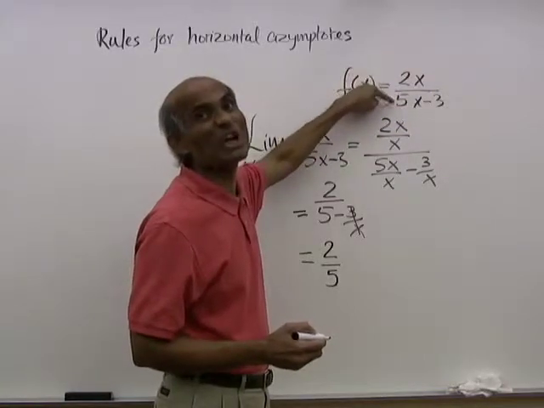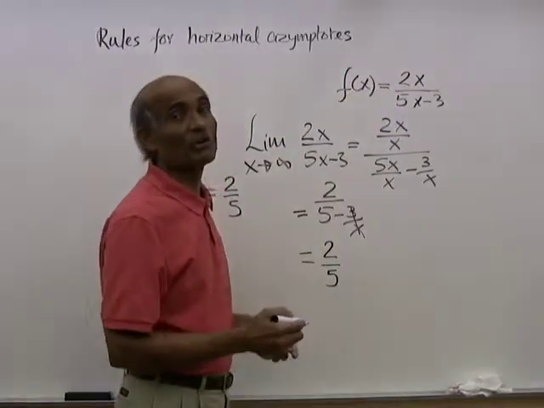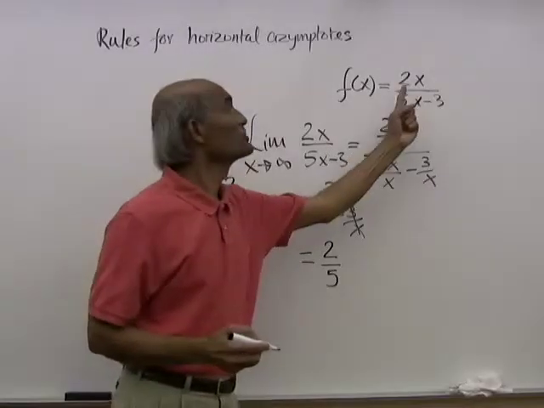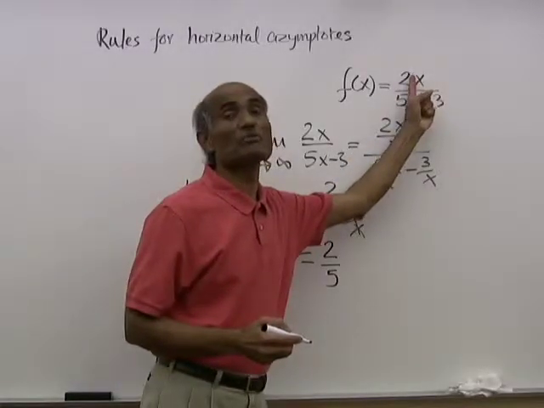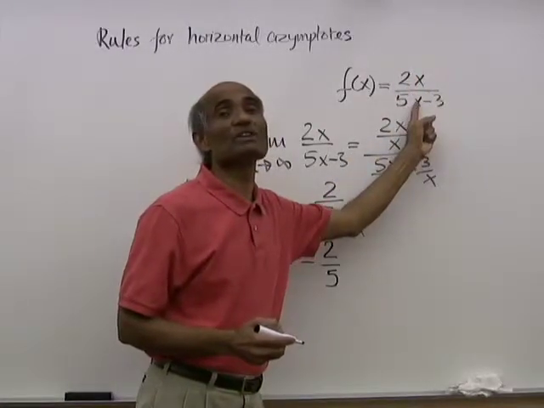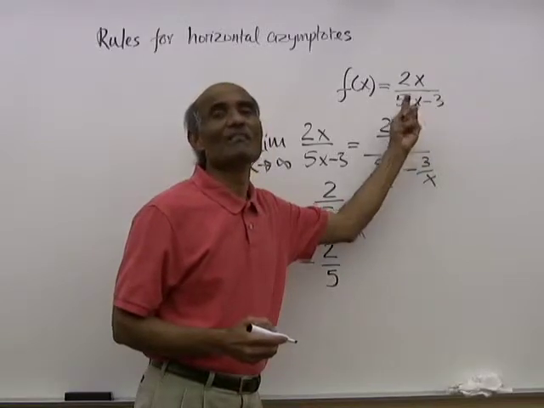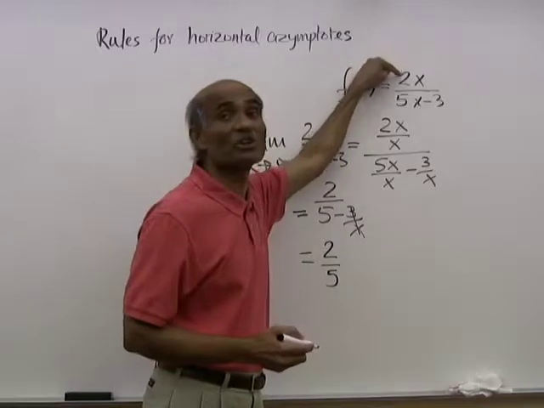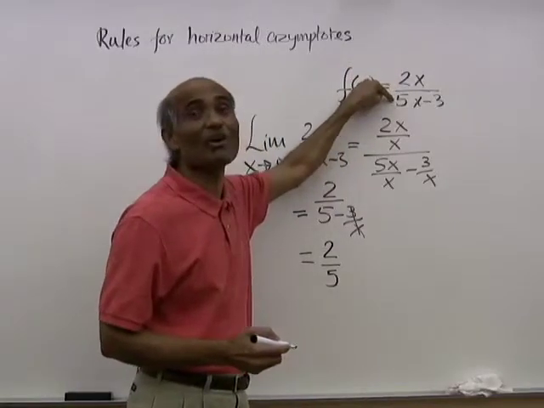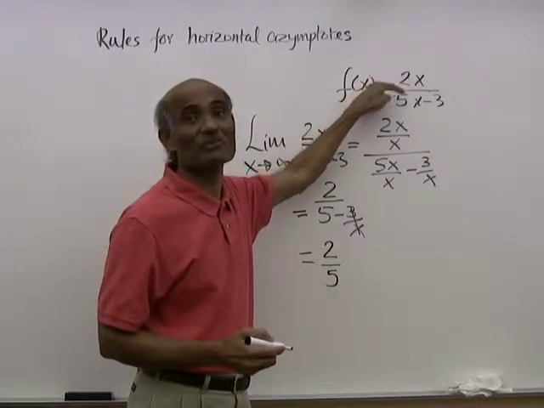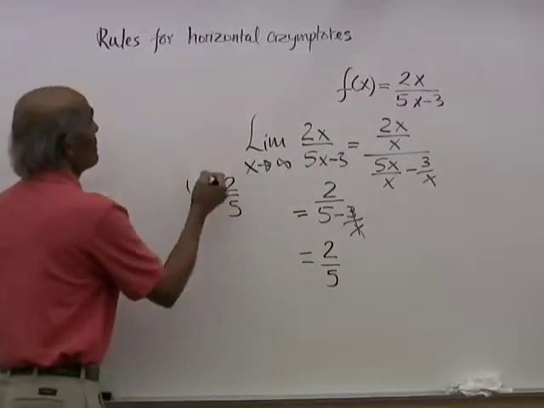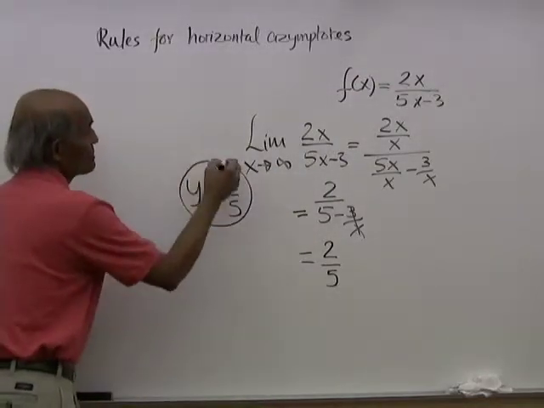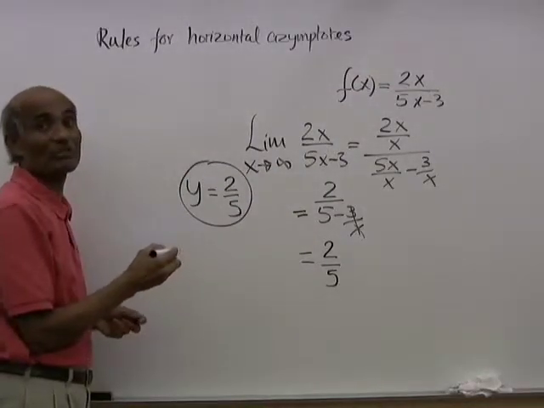We call them leading coefficients. So the rule says, if the degree of the numerator equals the degree of the denominator, then the horizontal asymptote is the ratio of the leading coefficients. These are the two leading coefficients.